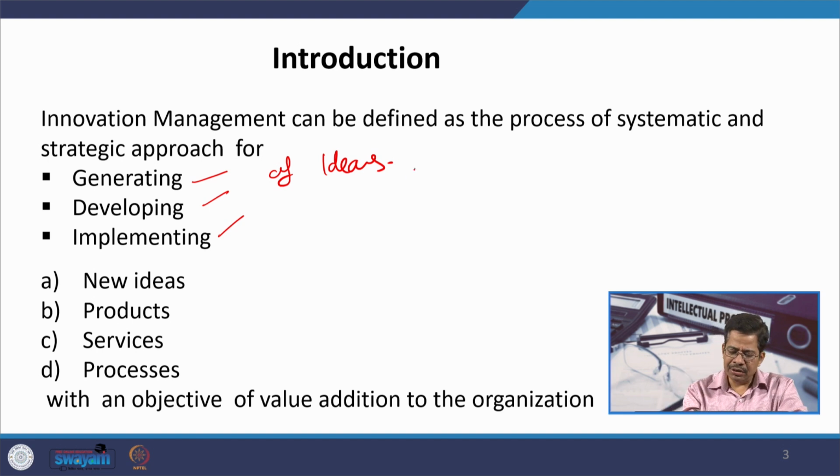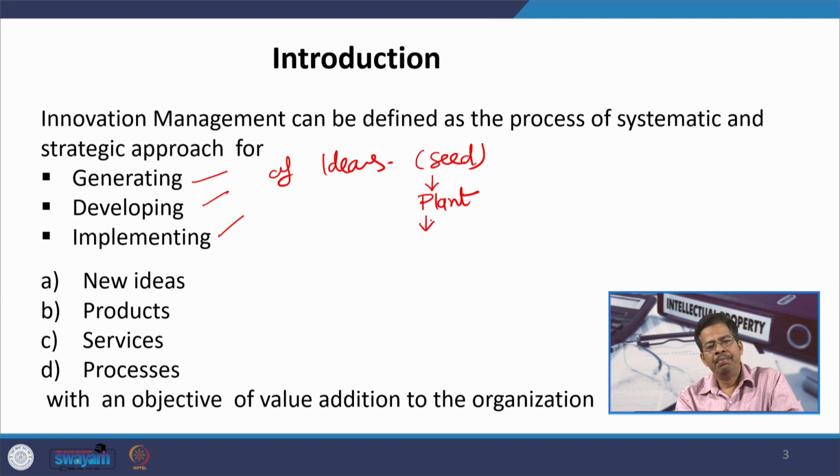It is like initially you have this seed, then you develop this seed into a plant, and then you get the fruits out of that plant. All these three important things are the important components of your innovation management.